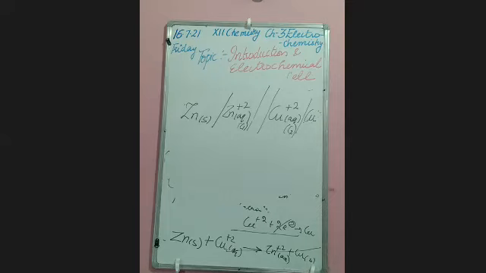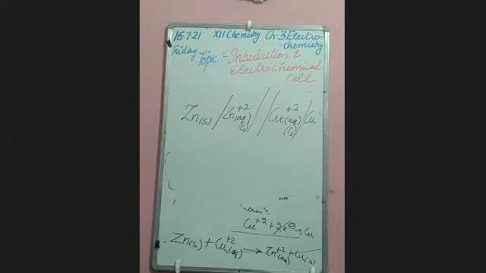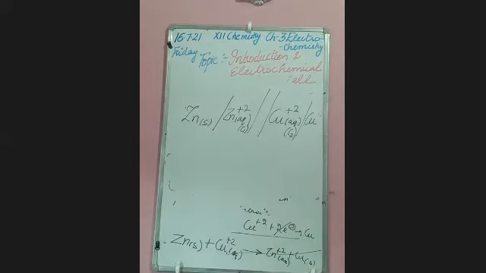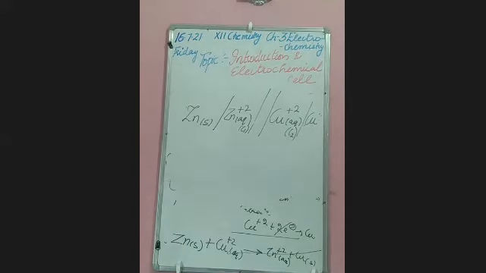Okay, if I ask where the conventional current will flow, what is the direction? Is it from cathode to anode or anode to cathode? What is the direction of current? Who will say? Okay. Jatin, tell me, what is the direction of conventional current?